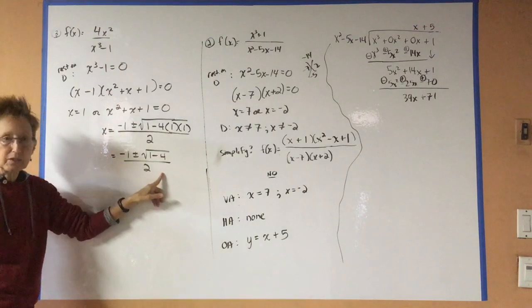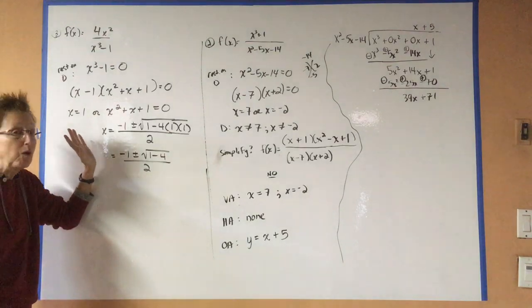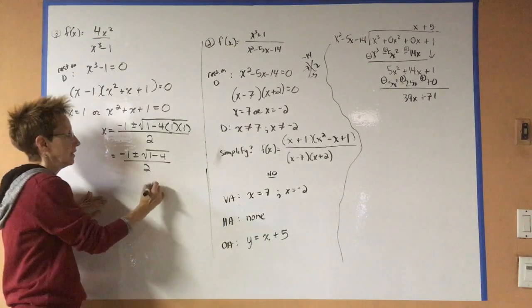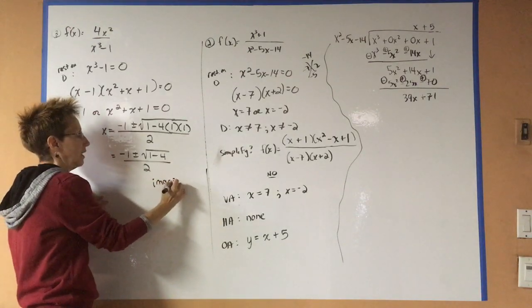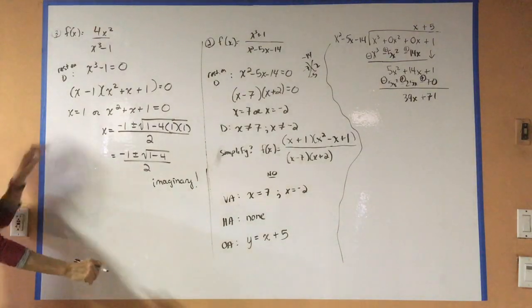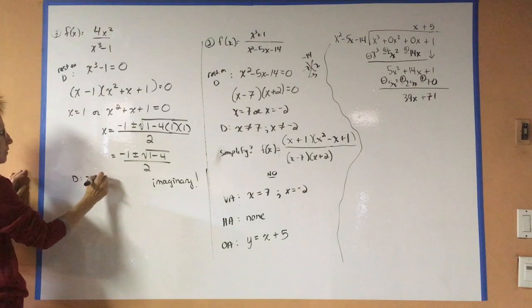Can I stop here? Because remember, I'm looking for domain, restrictions on the domain. Domain is over all real numbers. What's going to happen here? These are imaginary. So I can stop here and say that there is only one restriction on the domain. The domain is x can't equal 1.